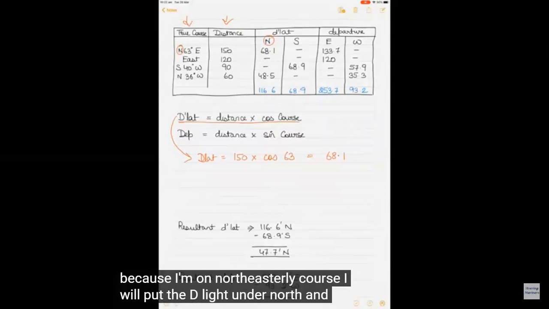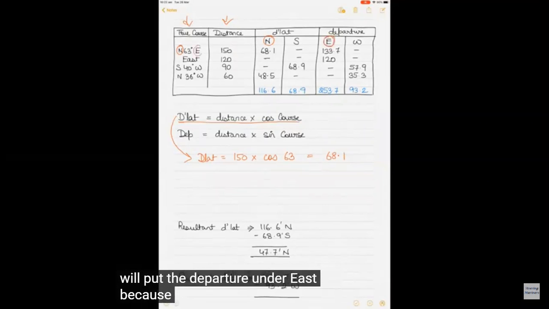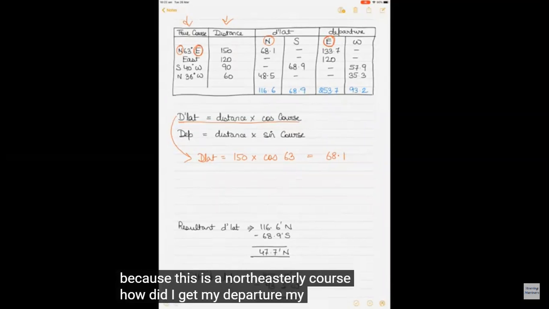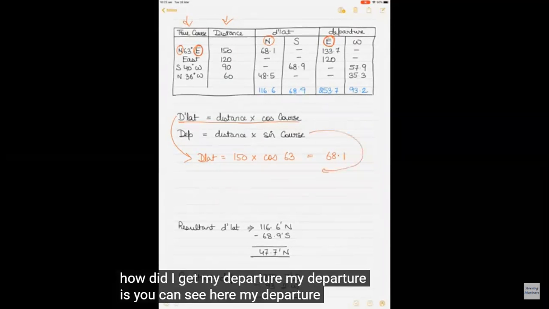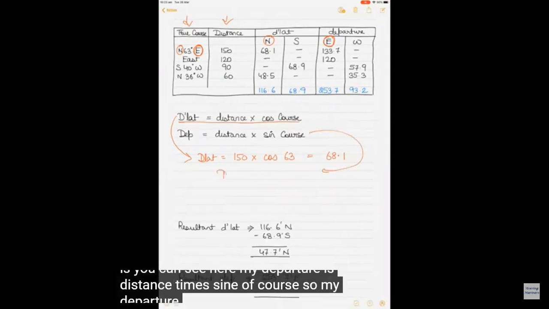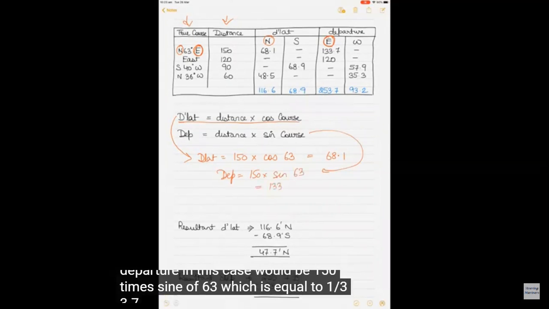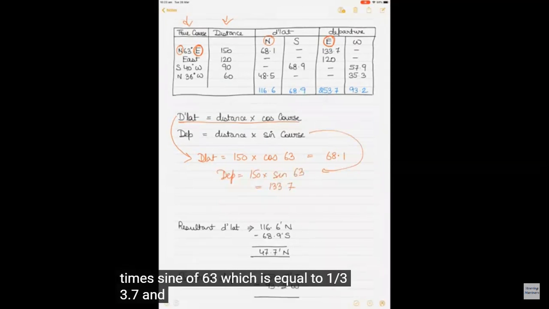We have a northeasterly course, so latitude will be north. Now for departure, we take distance, again the same 150, into sine 63, and we will get 133.7.